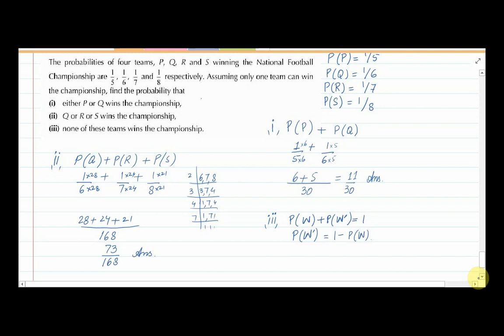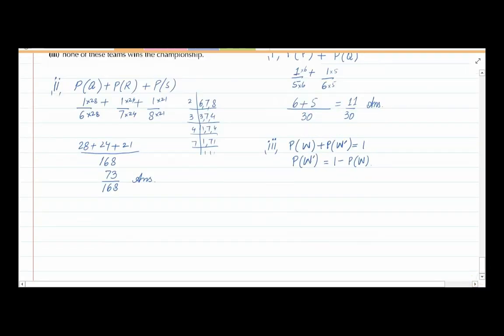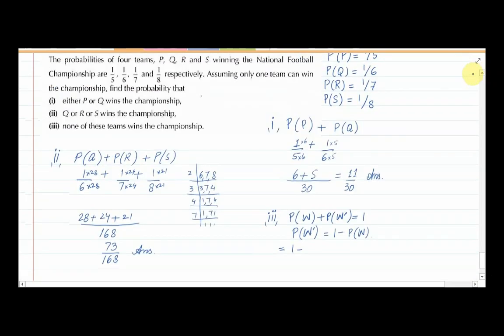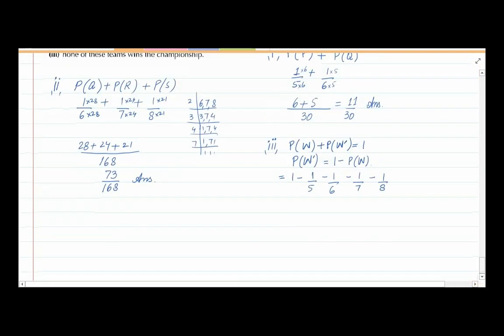So it will be 1 minus. Now the probabilities are 1 upon 5. So it will be 1 upon 5 minus 1 upon 6 minus 1 upon 7 minus 1 upon 8, right? So first thing you need to find the LCM. Now in this case the LCM will be a larger number.